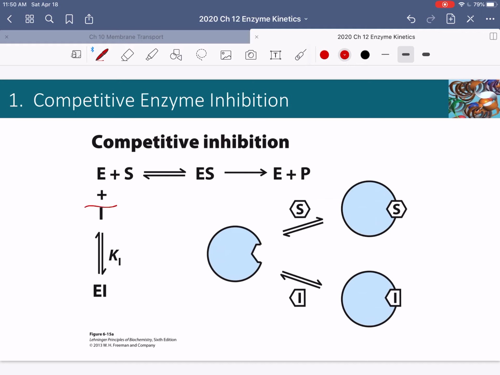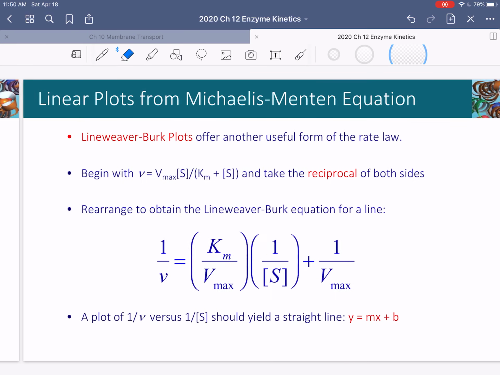The inhibitor, which is shown as I, competes for the enzyme with the substrate. So the inhibitor and the substrate are in competition for exactly the same site. That means at any given time, in the presence of the inhibitor, some of the enzyme is unavailable for making the ES complex, right? It can't go there because it's bound up by the inhibitor.